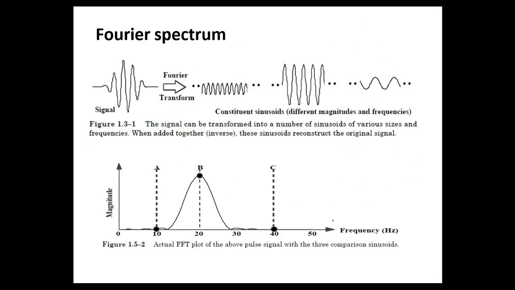So in this way, whatever I told you has been shown. This is what we do: we find out the Fourier spectrum in that manner. We have the signal.